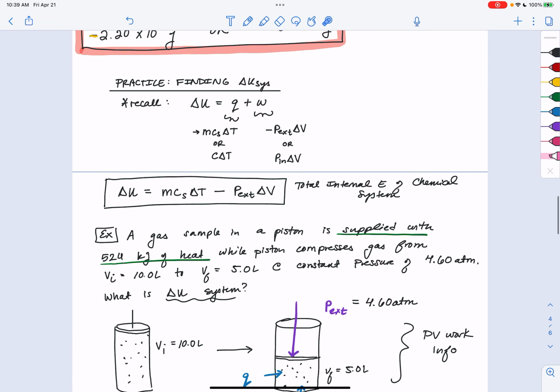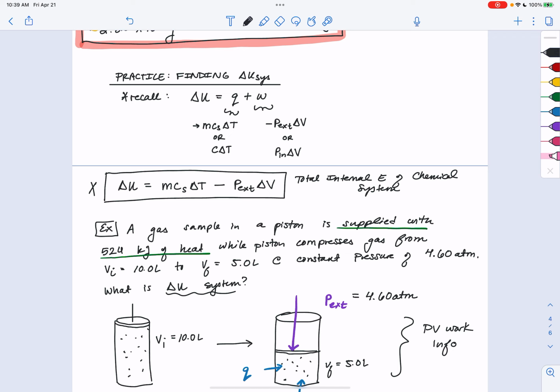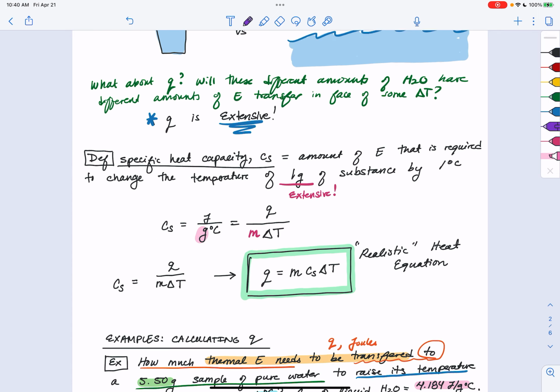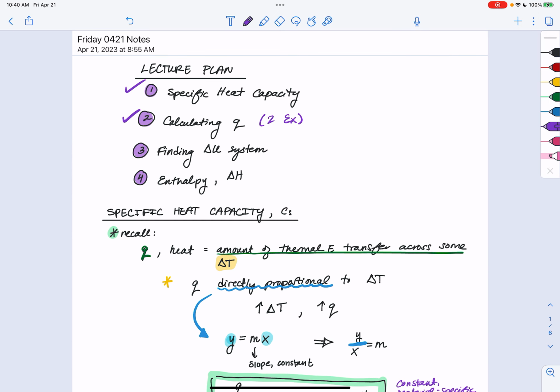Okay, I think I'm going to save something like this for a little bit later because there's a little bit more to the story, but just know that you have the tools to be able to use this equation if you know something about heat or work, or if you know something about total internal energy. And let's see here. I think for today, we're good. I don't want to start talking about enthalpy quite yet. So let's save enthalpy for Monday. So here today's 21st. Let's be the 24th.